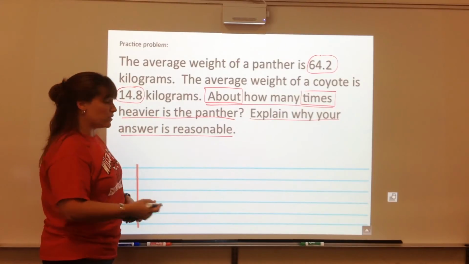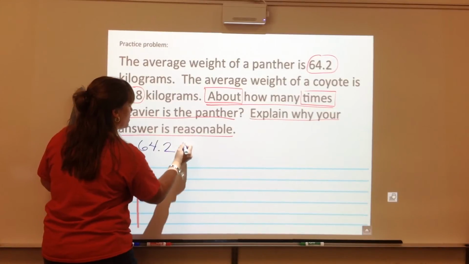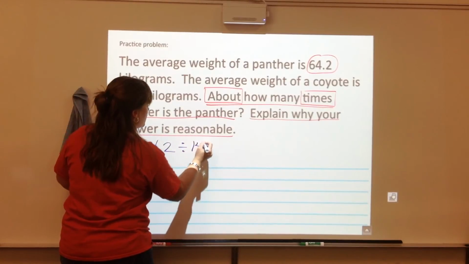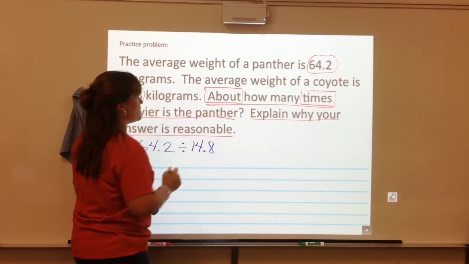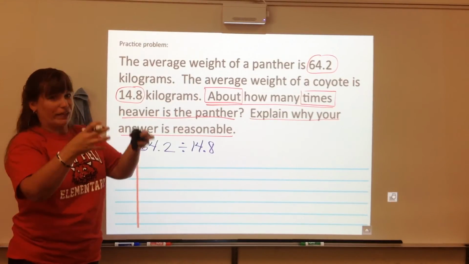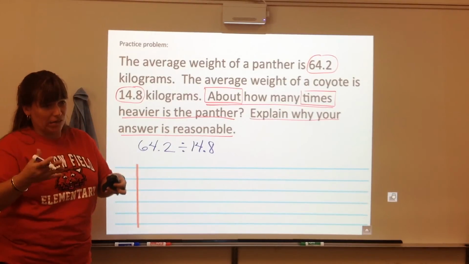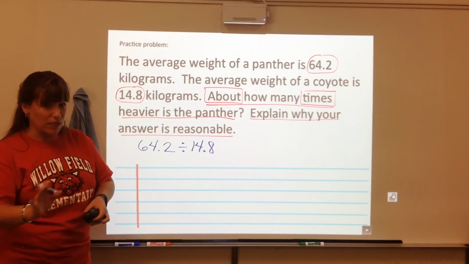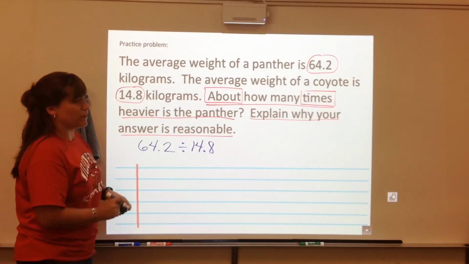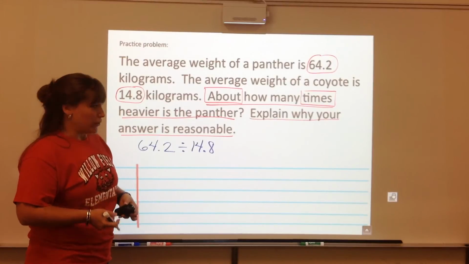So what we really have to do is take this 64.2 and divide it by the weight of the coyote to figure out how many coyotes you could actually put together and make a panther. Basically, if you really want to get technical, we're not going to go splitting panthers up and figuring out how many coyotes can fit inside of them, but you get my idea, hopefully.